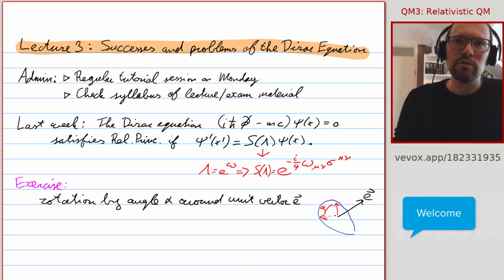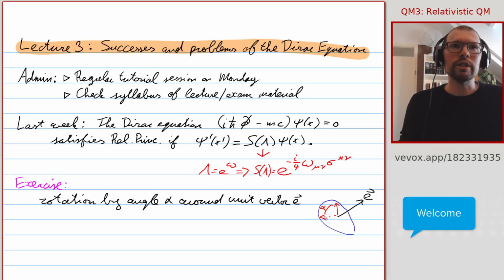So this is an example of a Lorentz transformation. And what we said last time is that if we know how a field transforms under rotations, then we know something about the spin of the particles that are involved.